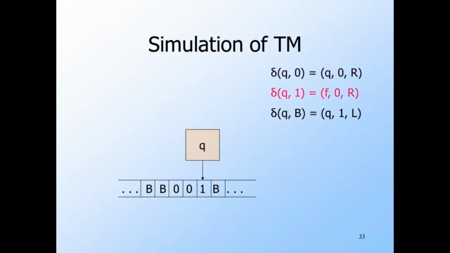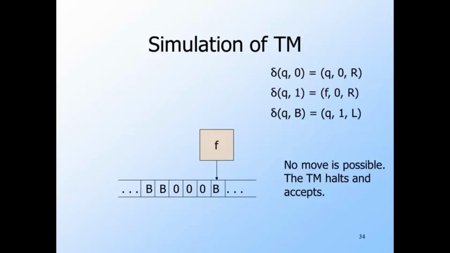Here the second rule applies. In state Q it is scanning a 1, so it goes to the final state F, replaces the 1 by 0, and moves right. Here we see the effect of the last move. The Turing machine has no move for when it is in state F scanning a blank, so it halts. It has also accepted since F is a final state.